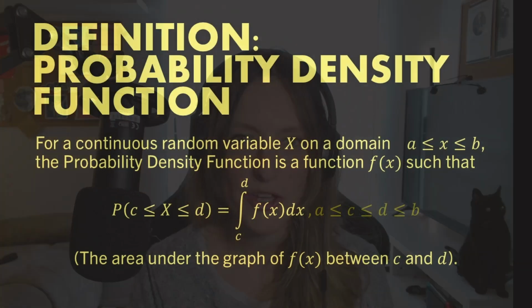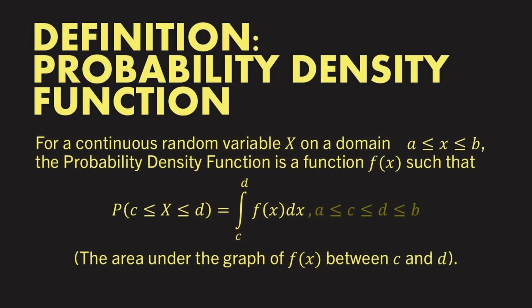My definition for the probability density function is then that if I have a continuous random variable x on a domain, let's say between a and b, two real values, the probability density function is going to be a function, let's call it f of x, such that the probability of x being between c and d, any two values in that interval, is going to be the integral between c and d of f of x dx. It's the area under the curve of that function.